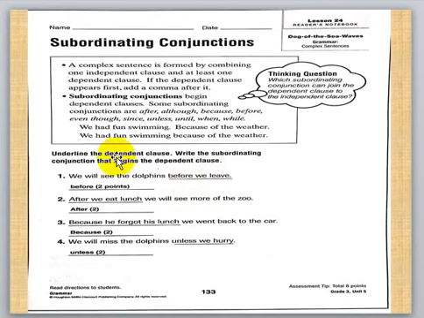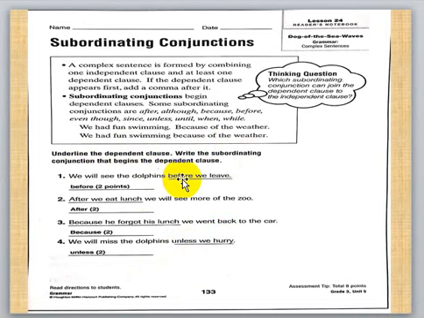Before we leave, it's a dependent clause. After we eat lunch, dependent clause. Because he forgot his lunch, dependent clause. Unless we hurry, dependent clause. But where is the subordinating conjunction? Unless, only.